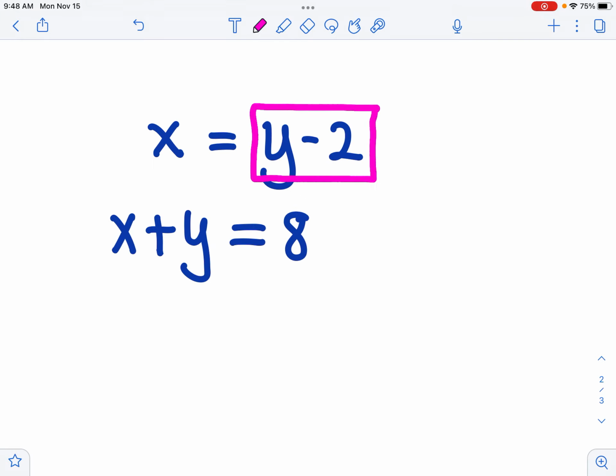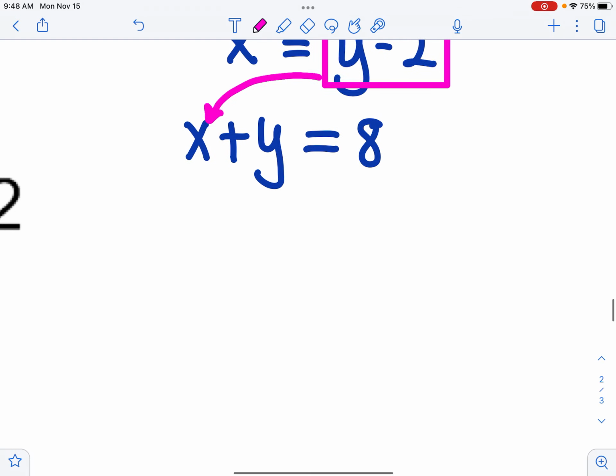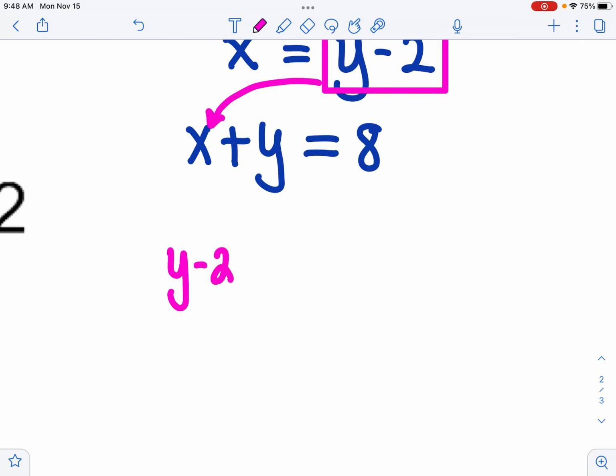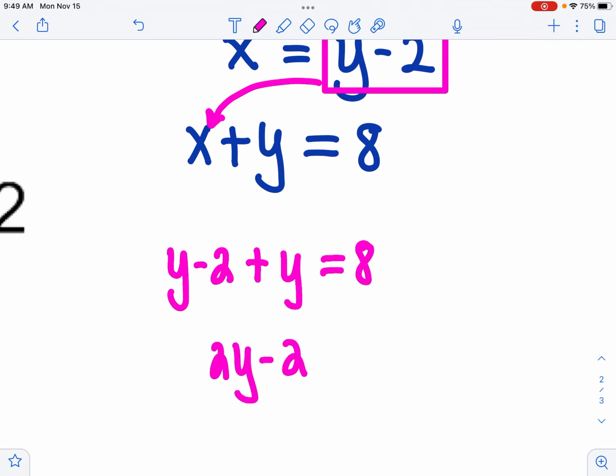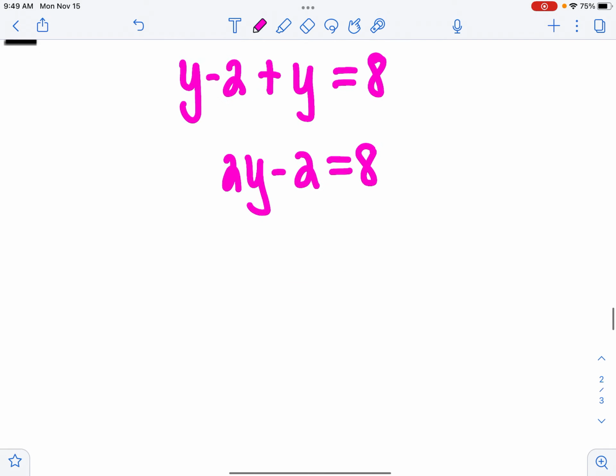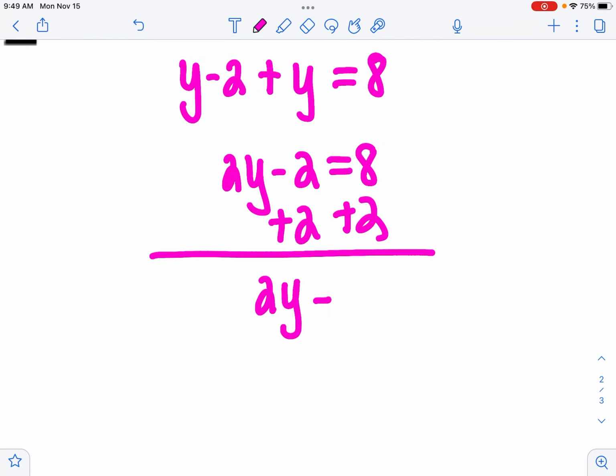We already know x is the same thing as y minus 2. So anytime I see an x, right here I can write y minus 2 instead. So I'm going to write y minus 2, instead of writing that x, plus y equals 8. 2y minus 2 is equal to 8. Add 2. 2y is equal to 10.